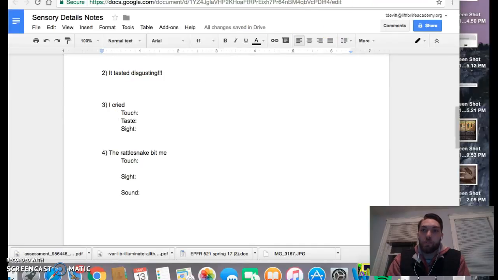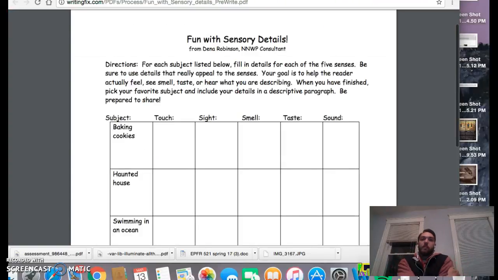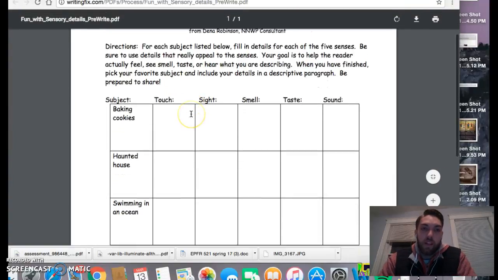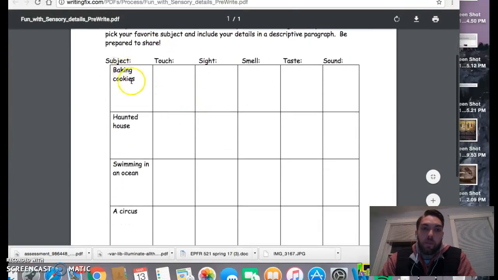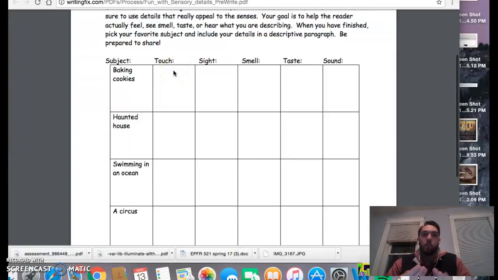Once you finish, you have this activity where you actually get to do some really in-depth work with this. So you're going to do baking cookies. What do they feel like, right? Hot, soft dough. What do you see? I see the brown circle speckled with black dots all throughout. What do you smell? I smell the cookie dough cooking and see it rising in the oven.